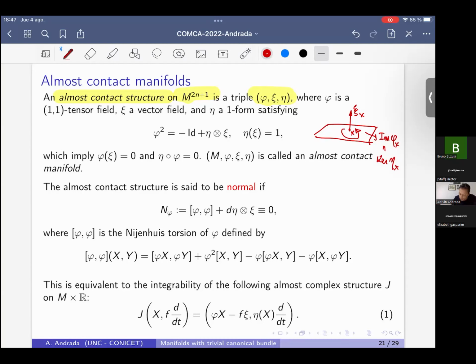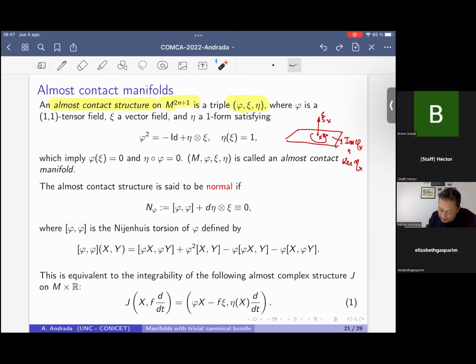But there is also a certain way to say that this phi is integrable, but I don't know why here we don't use the word integrable; it is changed by normal. An almost contact structure is said to be normal if this tensor is identically 0.